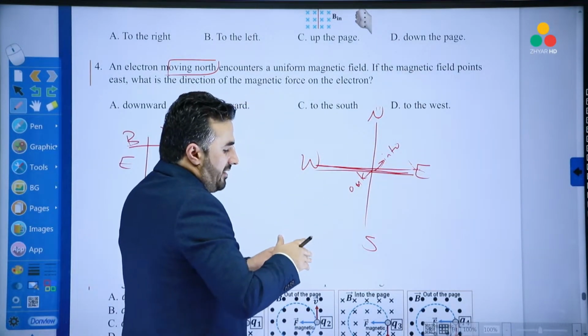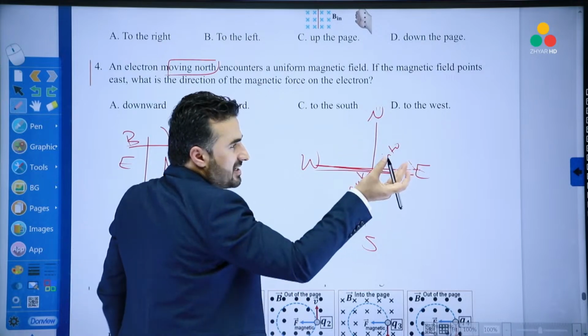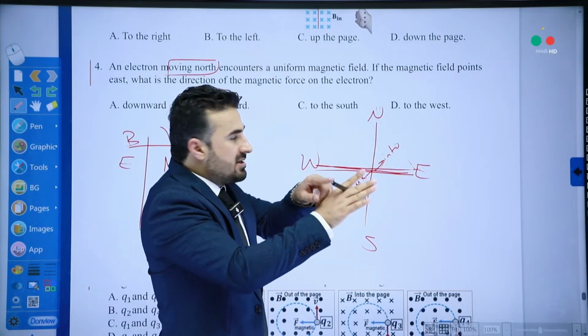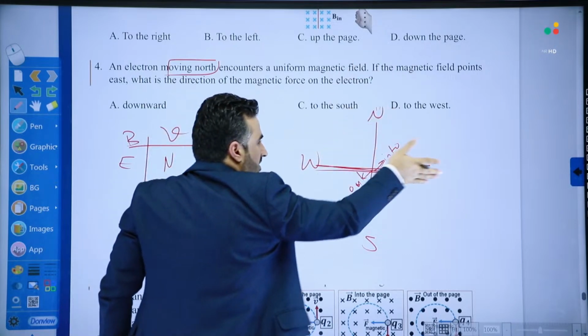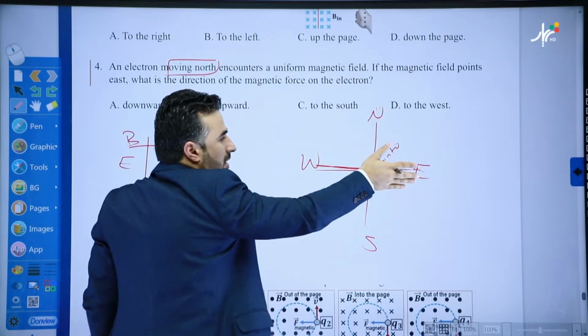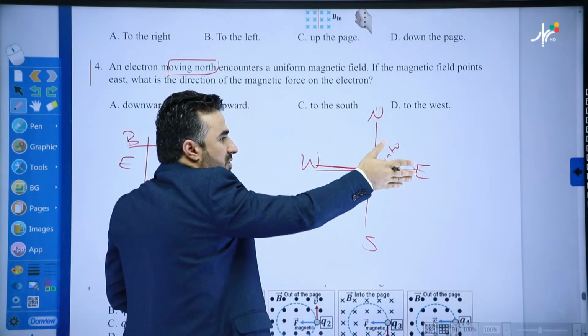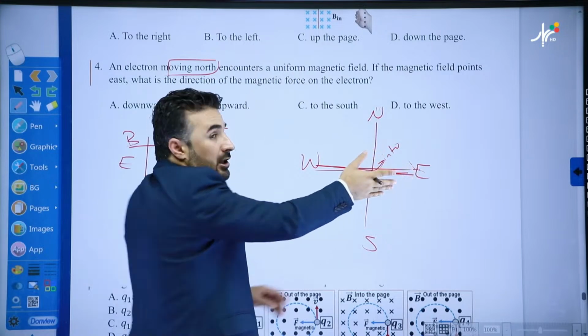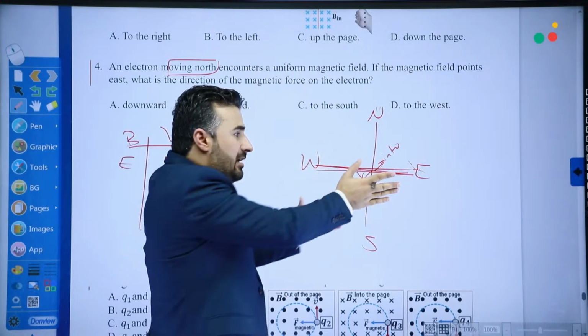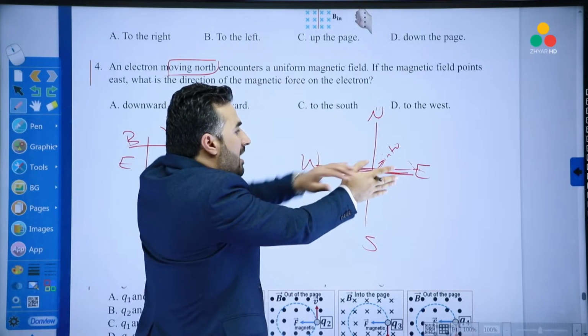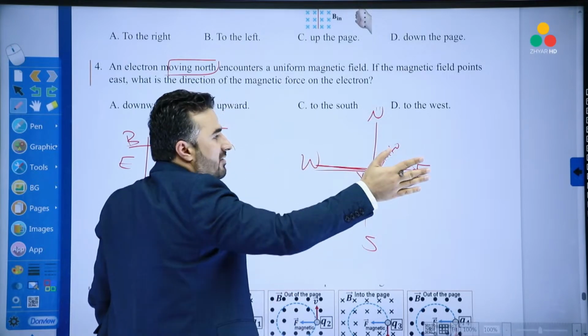Sorry, no, I'm holding this one wrong. This is the direction of the force on a proton, this is an electron. So the motion is upward, north, and then this is the direction of the magnetic field. What is the direction of the magnetic force on an electron? Can I say into? No, don't forget, if it is into, that is for a proton. What we have is an electron, so an electron is the back of the hand, so it is going to be out of the page here.